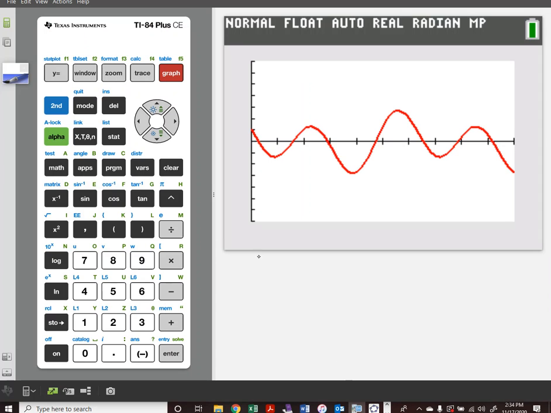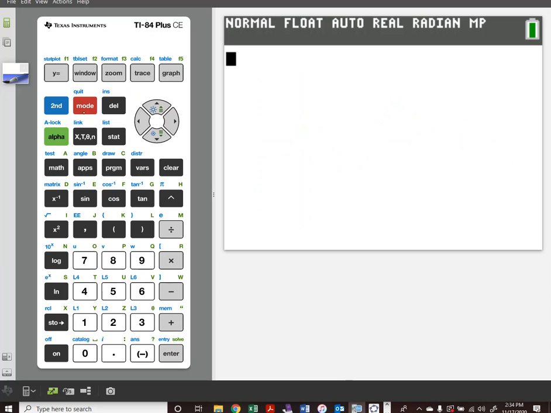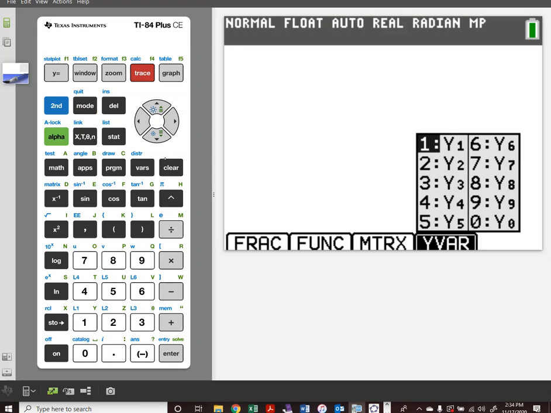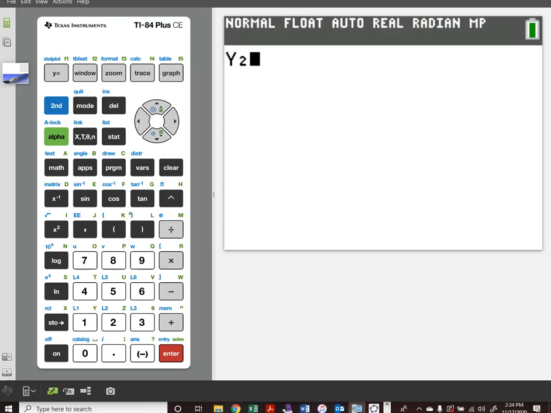Okay, I'm going to go to my TI-84, and I'm going to quit away from the graph. So back to my home screen. And so the velocity was the y2 equation. So we're going to choose it by going alpha trace, and this lists all your equation names. We want the velocity, so we want y2 evaluated at 3.